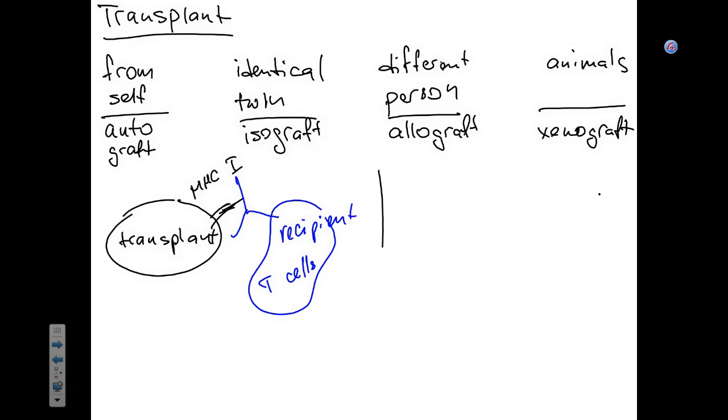So what do you radiate the person for? Well, when they're exposed to radiation, what's the purpose of the procedure? First, it's not treatment, actually. It's a preparation for a treatment. What do they kill? They kill bone marrow. Right? So they just completely destroy bone marrow.